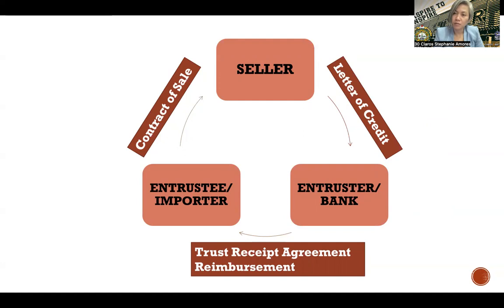So the entrustee, upon issuance and execution and delivery of the trust receipt, will then be entitled to possession of the goods. So the seller will then release the possession to the entrustee. Okay, so just like the LC transaction, guys, you can see that there are complex contracts and relations between these parties.